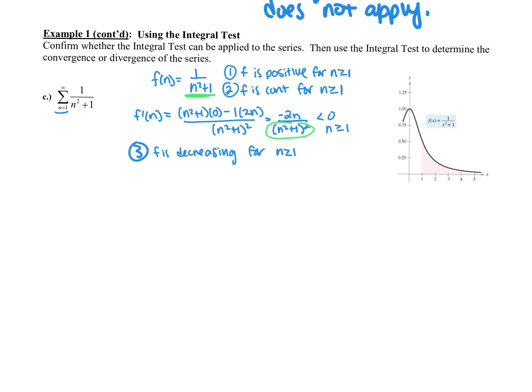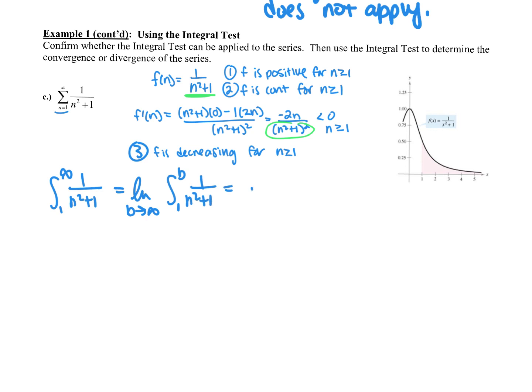So to do that, we will look at the improper integral from 1 to infinity of 1 over n squared plus 1. First, we will integrate. This is a special integral for us. This is arctangent. So then we'll do our better notation this time. Put in a b here first.